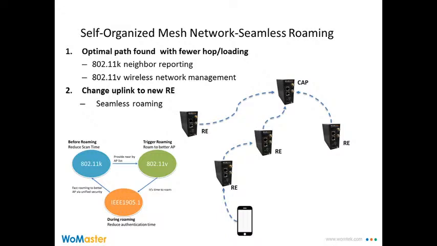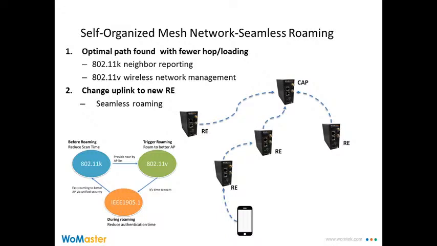You can see what kind of open standards the WA512GM supports to achieve faster roaming among the different mesh networks. First of all, the WA512GM series supports the listed standards to speed up the roaming time to make sure the mobile devices can communicate through the best and most efficient path.